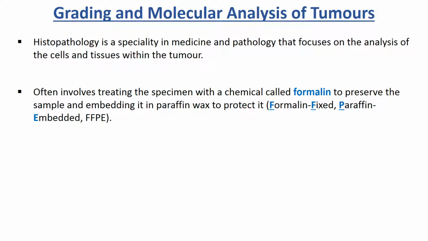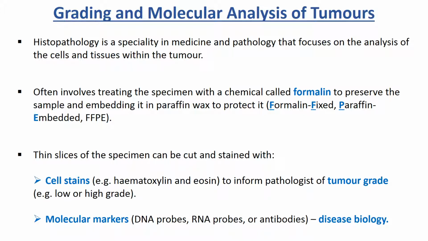This is known as formalin-fixed paraffin embedded or FFPE. Thin slices of the specimen can then be cut and stained with, for example, cell stains such as hematoxylin and eosin to inform the pathologist of the tumour grade, for example, high or low grade. In addition, the sample may be stained with molecular markers such as DNA probes, RNA probes or antibodies to provide information on the disease biology.